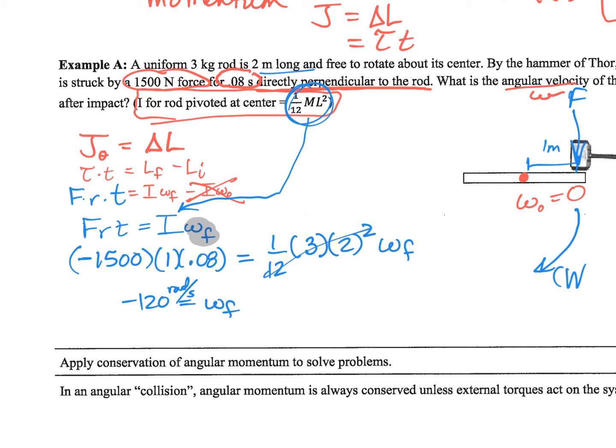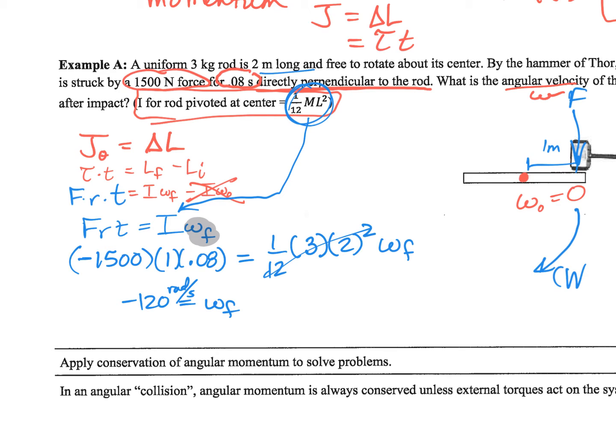So 125 is about 20 revolutions per second. It's really high. Still pretty high, isn't it? It goes around 20 times every second. That's really, well, I mean, Thor's hammer. I mean, come on. If we're in the Marvel universe, we might as well be hitting it with Thor's hammer and hitting it hard. Thor hits the end of it, it might go 20 revolutions in a second. Would you want to try to catch it and stop it? No. It's a pretty high impulse, isn't it?